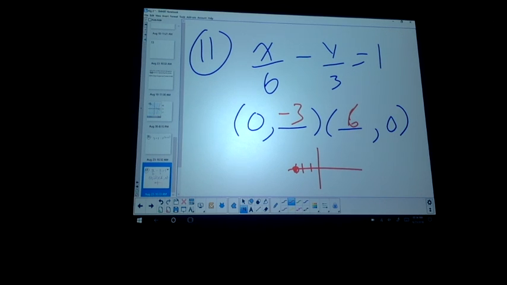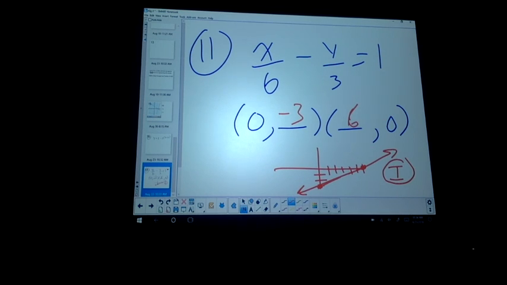So 0, negative 3 is down here, and 6, comma 0 is here. That is an increasing function because the slope would be positive. What else we got?